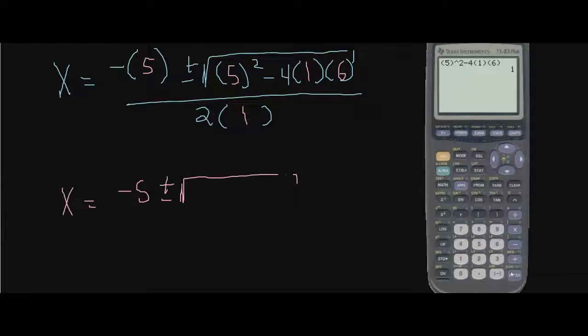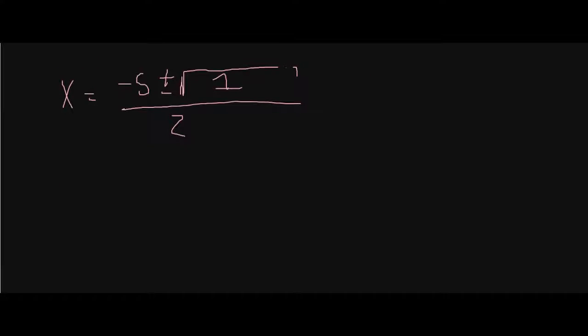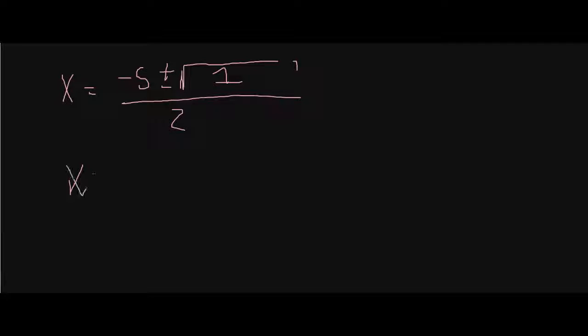We do that. Look at that. We get the square root of 1. So I'll put 1 in here. And this is all divided by 2 times 1, which is just 2. Now we continue. X is equal to negative 5 plus or minus, well, what's the square root of 1? It's just 1, all divided by 2.